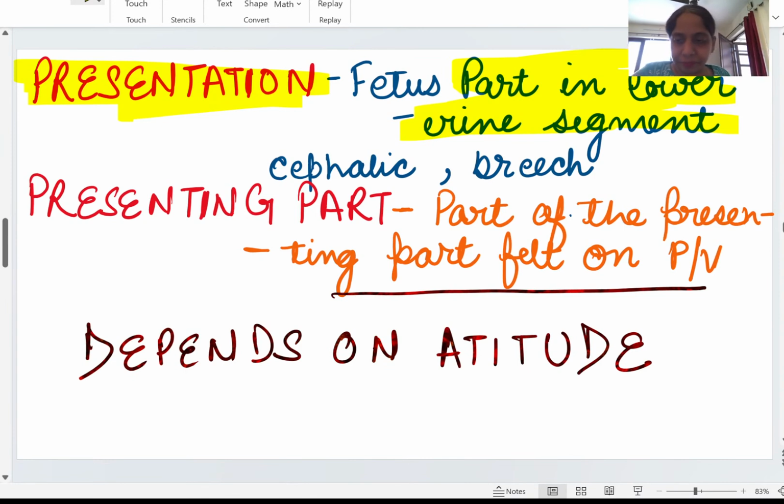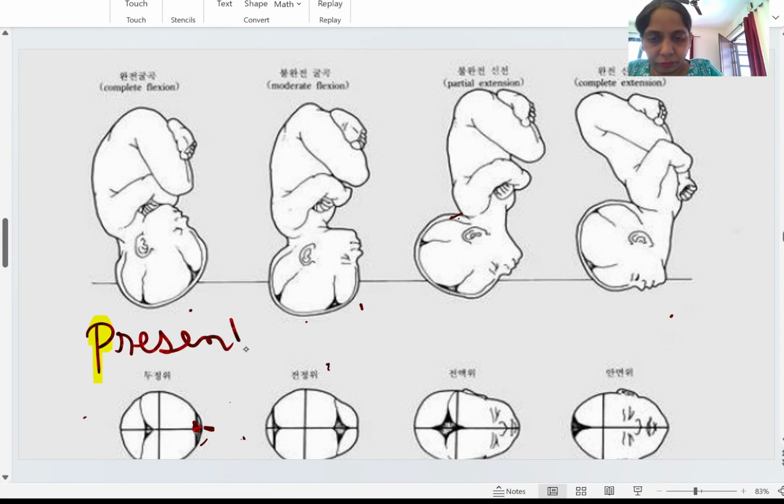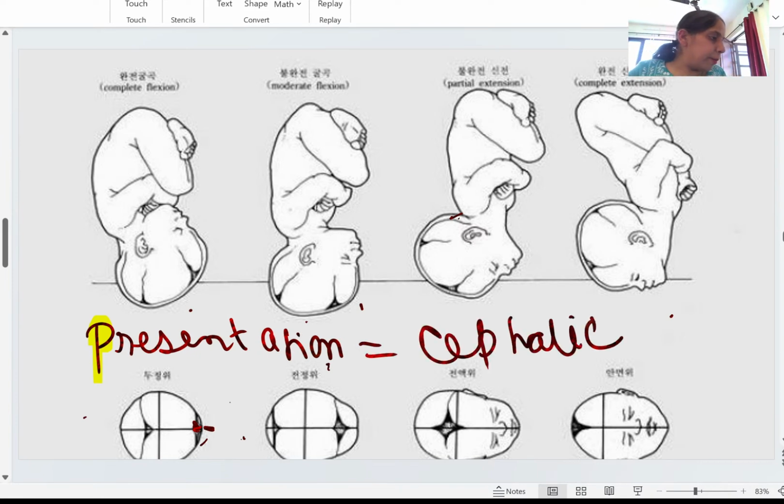For example, see here, in all these four images, write down in the chat box, what is presentation? What is the definition of presentation?